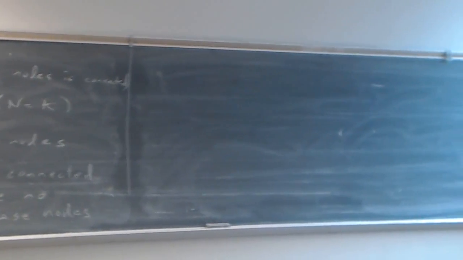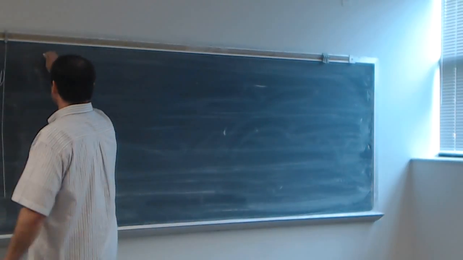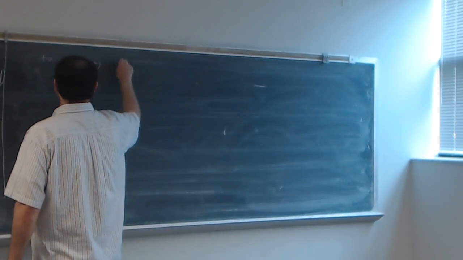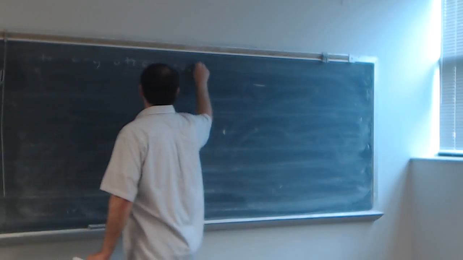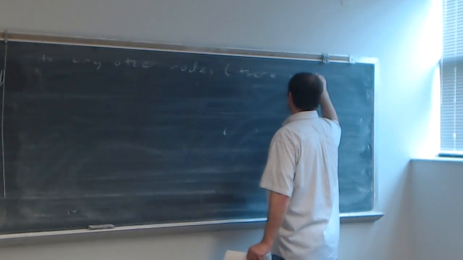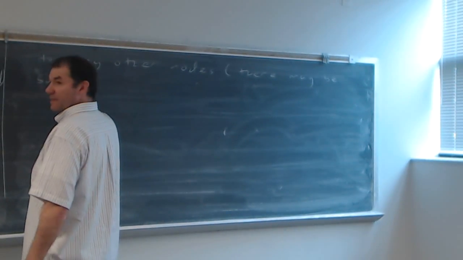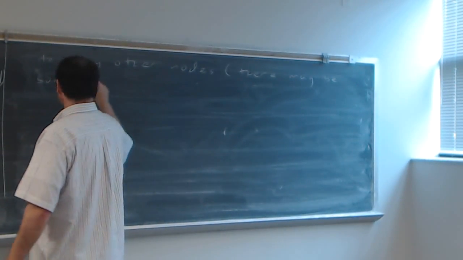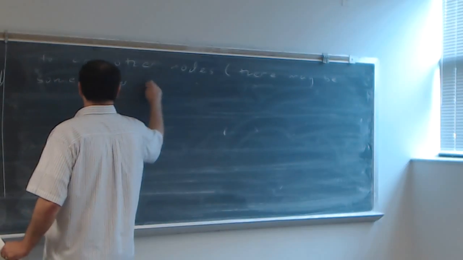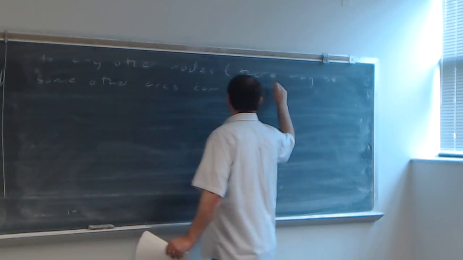There are no arcs coming out of these nodes to any other nodes. Now, there may be some arcs coming in, and for it to be connected, there needs to be some arcs coming in from other nodes.